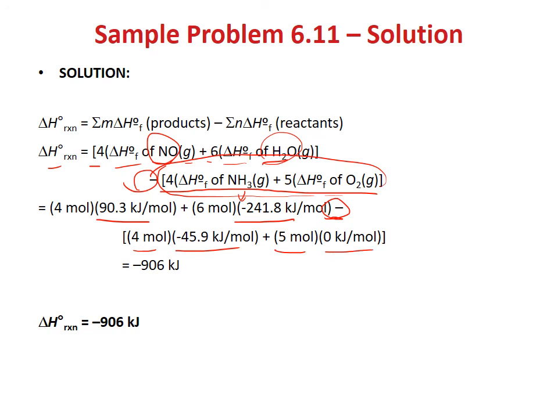As we know, for elements their standard formation enthalpies are 0, so you multiply by 0, and that will give you negative 906 kilojoule. So the standard reaction enthalpy is negative 906 kilojoule. What does negative mean? It means the reaction is exothermic. At the standard state, it releases this amount of heat.